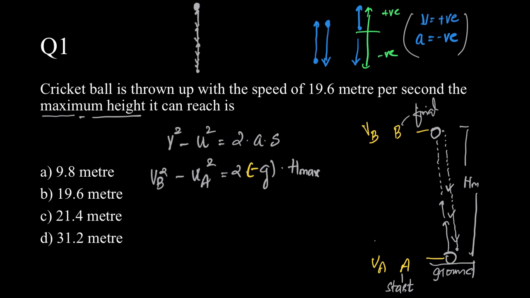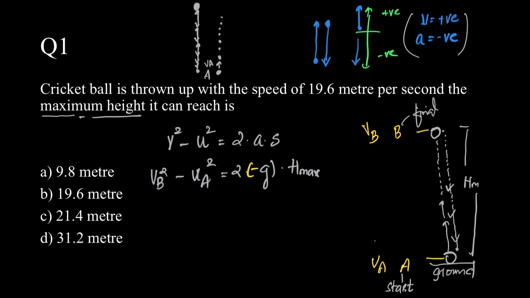We need to understand this in a more diagrammatic manner. So if a body is projected from A, it will go like this, right? It will take many points. The velocity here would be the maximum velocity with which it is thrown, because the acceleration due to gravity is negative and it will always reduce the velocity.